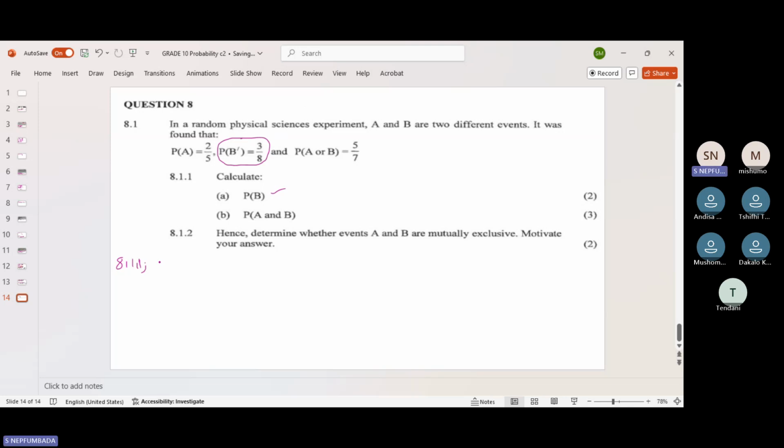Guys, are you there? What do we know about the complement rule?